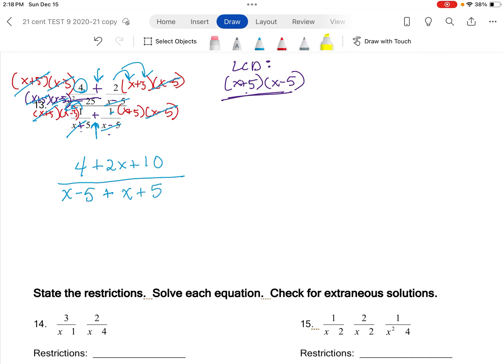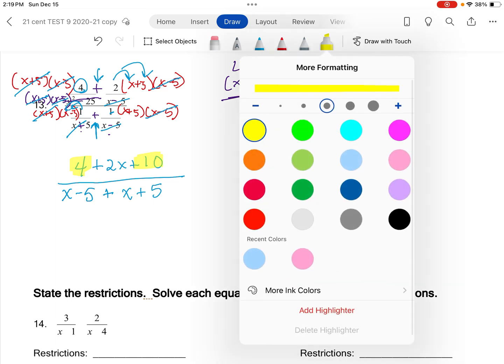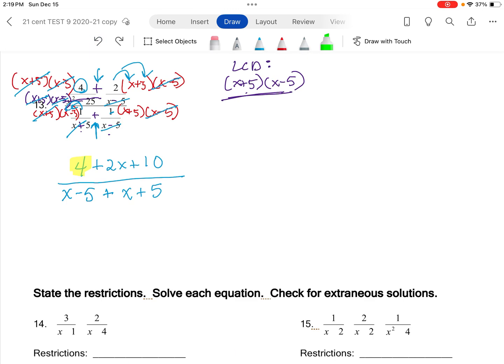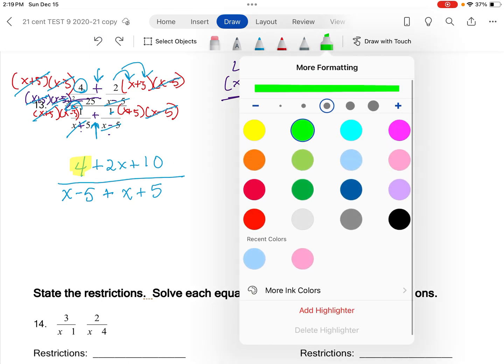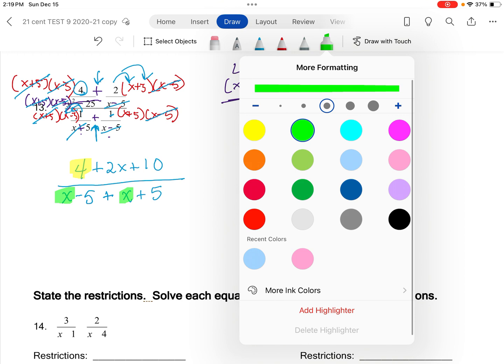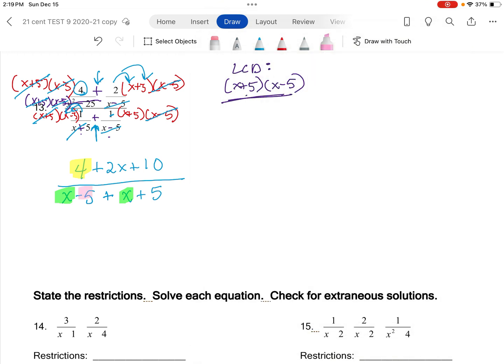Now, I have like terms in both the numerator and the denominator. So let's put these terms together.